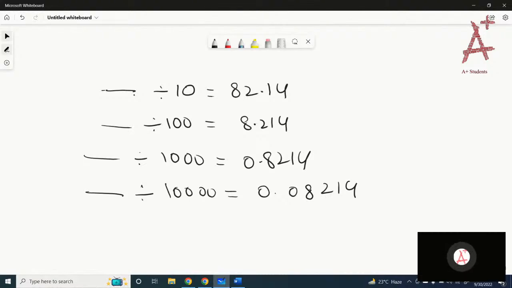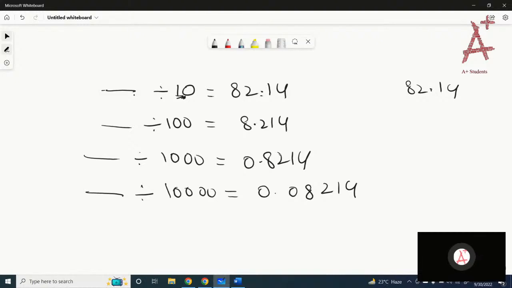So find the missing number when you move the decimal point one place left. So you have to move the decimal point one place left. So when you move the decimal point one place left, that means for the 10 the decimal point is moved just one place. So that means the original decimal point is here. When the number is divided by 10, the decimal point is moved one place left.